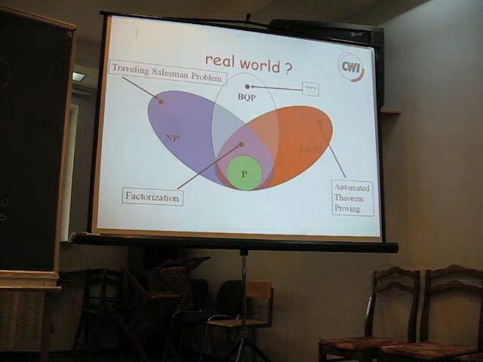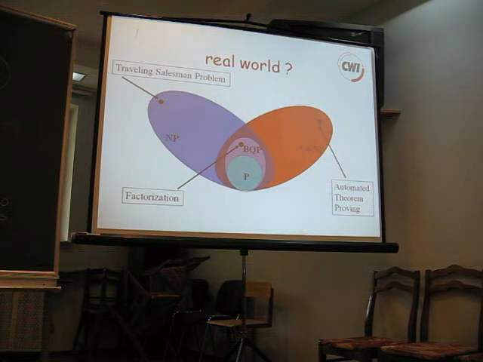And a big open question, which I think is very interesting, and I have no idea how to prove, is where does BQP sit in this picture? Factoring sits in BQP, but it also sits in NP intersect co-NP. But are there things in BQP, for example, that are not in NP or not in co-NP? Where does this egg sit?